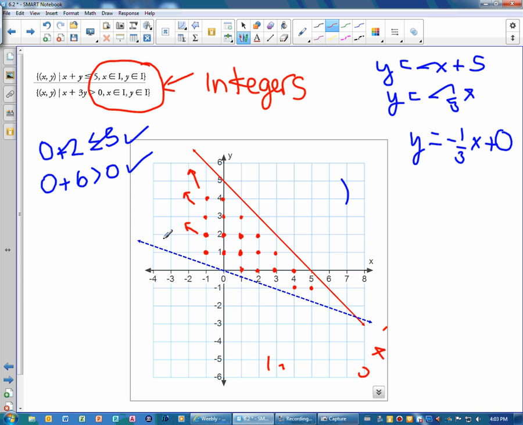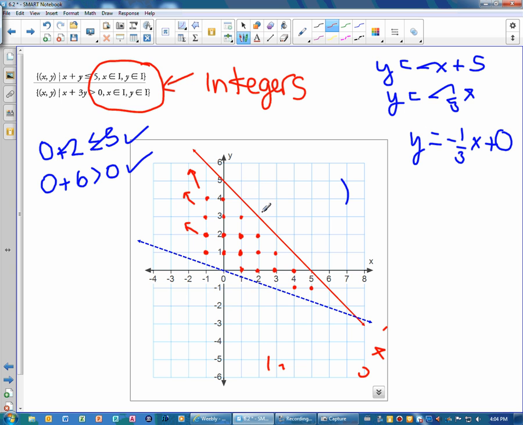Okay. Now remember how this line was dashed? So I've got this ordered pair here, but I can't put it in my solution because this dashed line means that it doesn't include it. It was greater than, not greater than or equal to. So anything on this line can't be included. So I can't include this dot, I can't include this one, or this one.